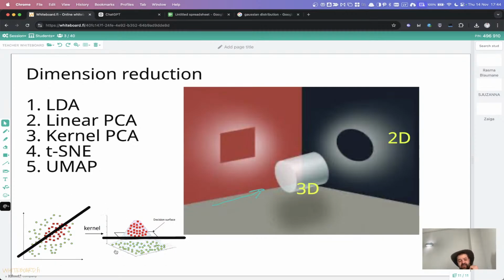And this process of pulling out your data into an extra dimension is achieved only by non-linear methods. And non-linear methods here, maybe I can color code them. So non-linear are this one, this one, this one. And then you can achieve this thing.